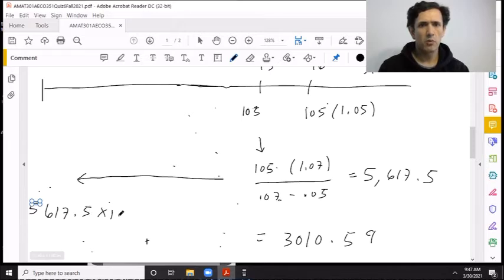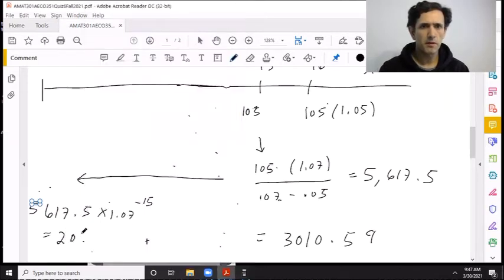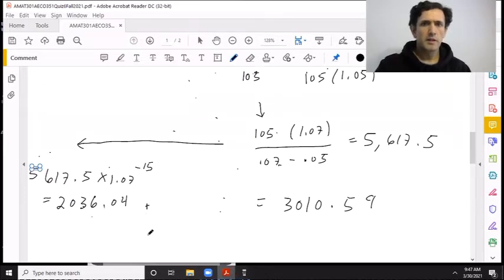So 5617.5 times 1.07 to the minus 15 is going to give me, let's see what it gives me. $20.36 and 4 cents. Okay.